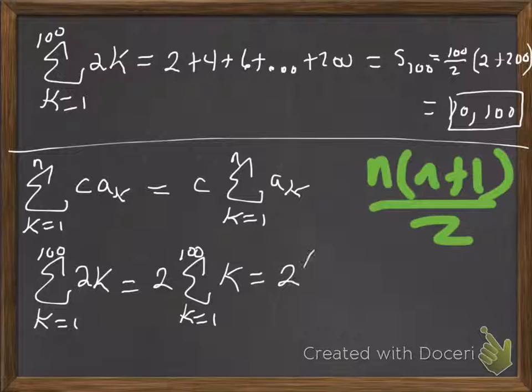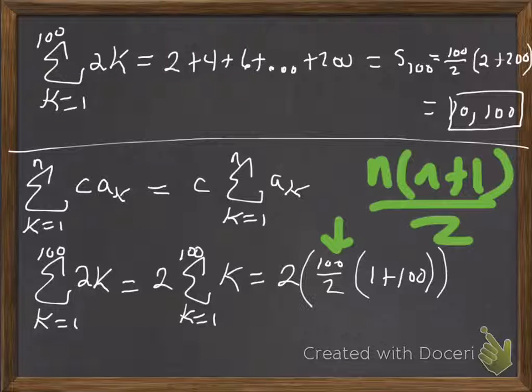So we have 2, and then n is 100, times 101, divided by 2. Same thing, and there's our 10,100 again.